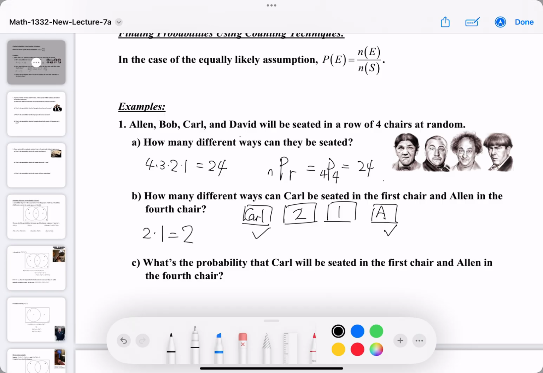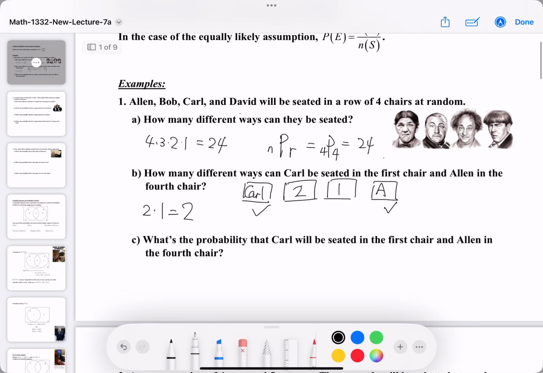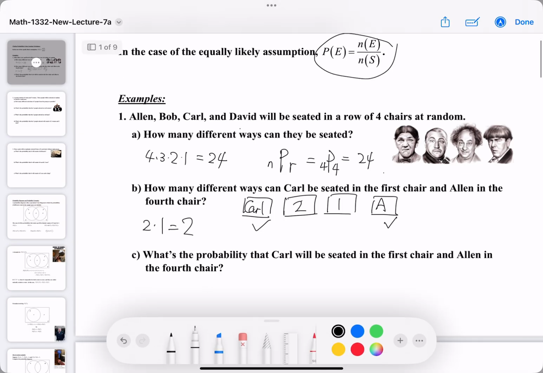All right, what is the probability that Carl will be seated in the first chair and Alan in the fourth chair? That is the probability of this event. P of E equals N of E divided by N of S, the sample space.